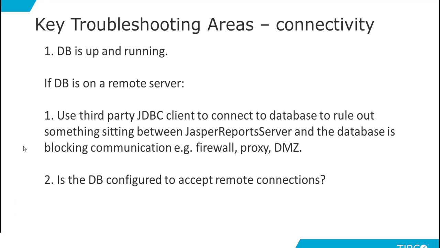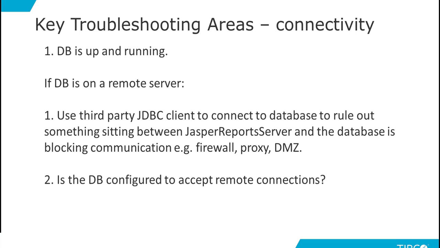And finally, we should take into account connectivity. The first point is to determine whether the external database is up and running. And assuming that the database is installed on a server that's not the same server where you have the JasperReports Server web application running, there are 2 things that you'll want to check.